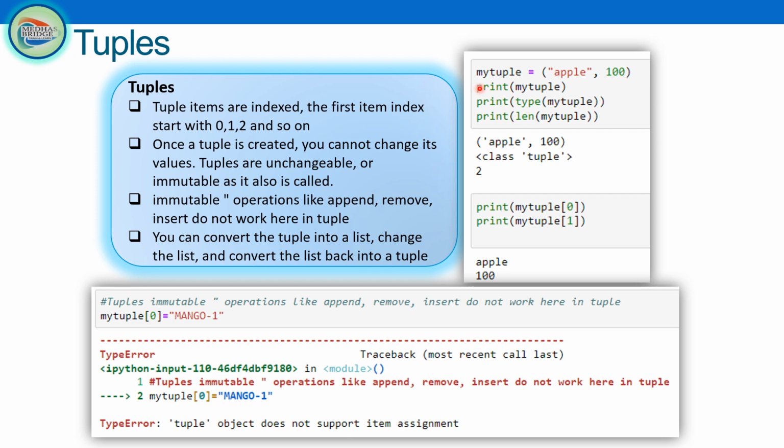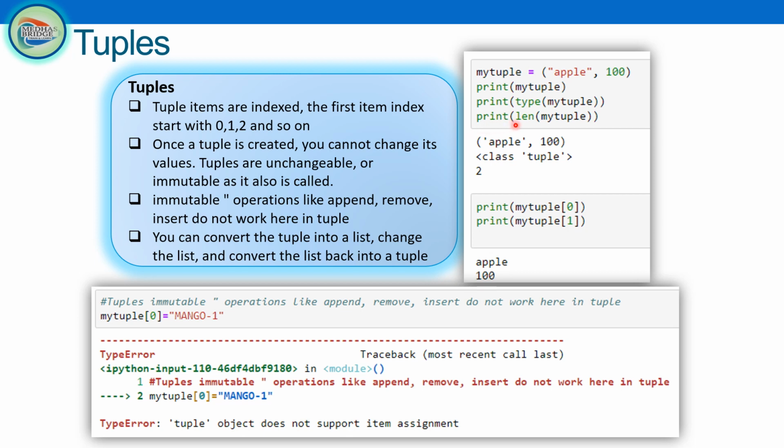Here is an example. We have my tuple containing two dissimilar values, the string and integer value. The string is at index 0 and the integer value at index 1. If you print my tuple, we get the tuple. If you print type of my tuple, we get class tuple.